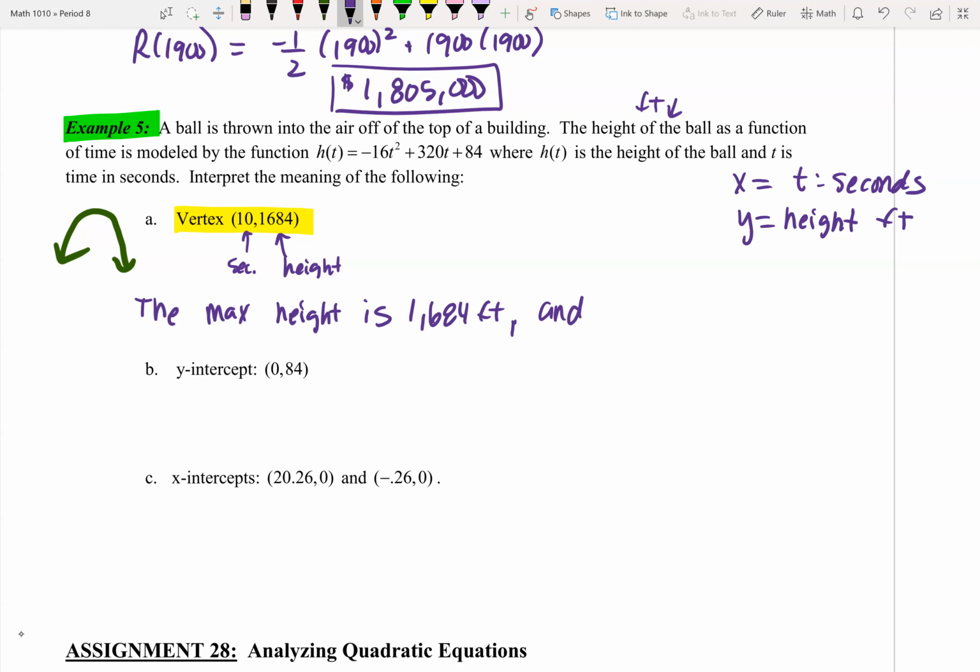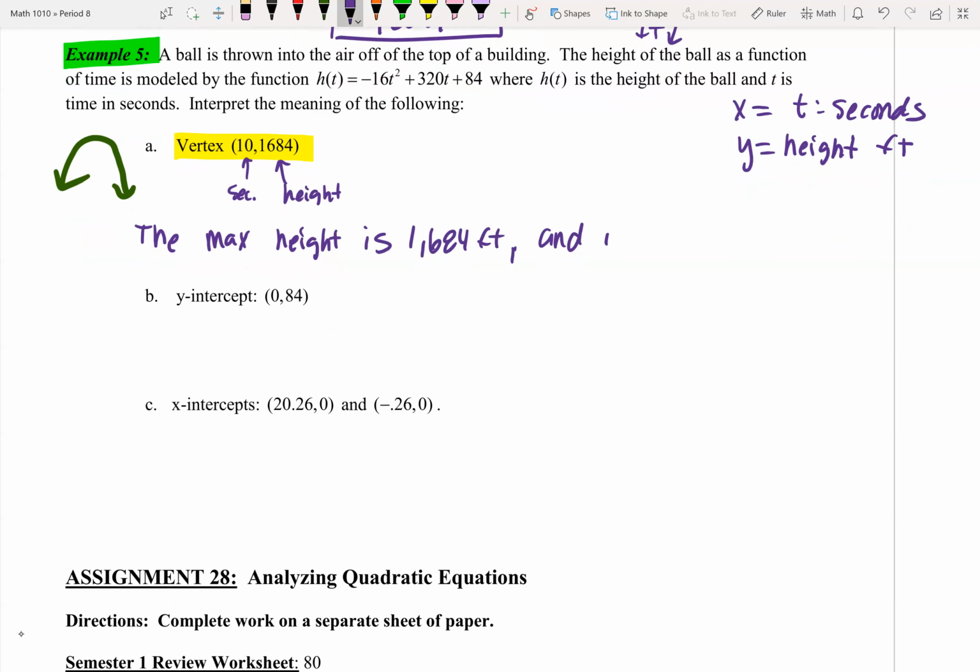and I'm probably not saying this the best. Let's start over. That's okay. After, yeah, that's way better. After 10 seconds, the ball, what if I said this?